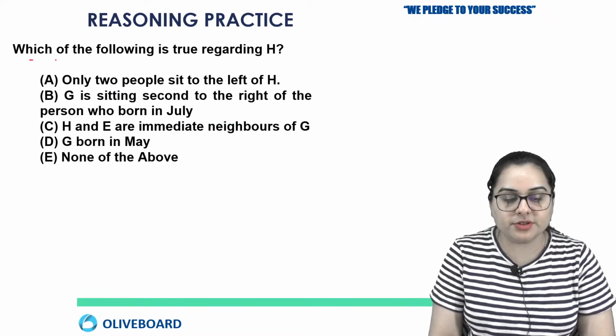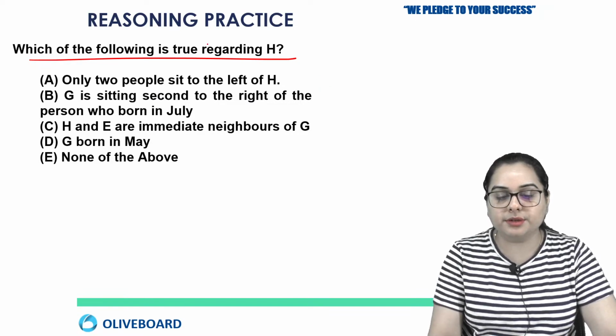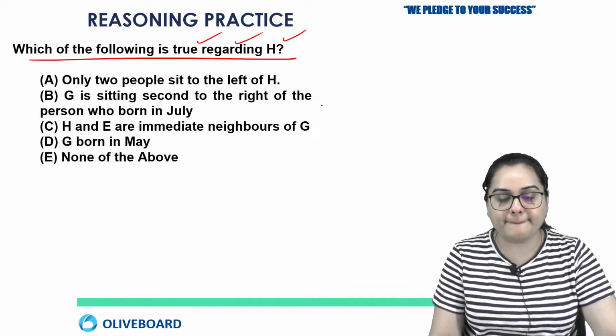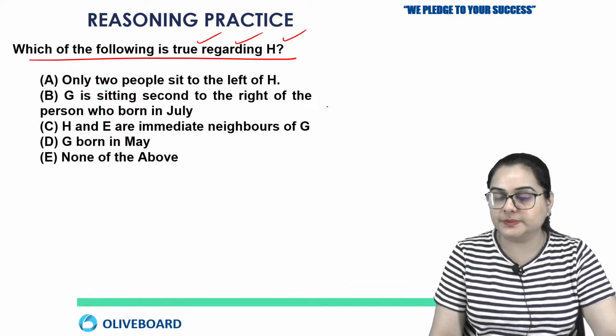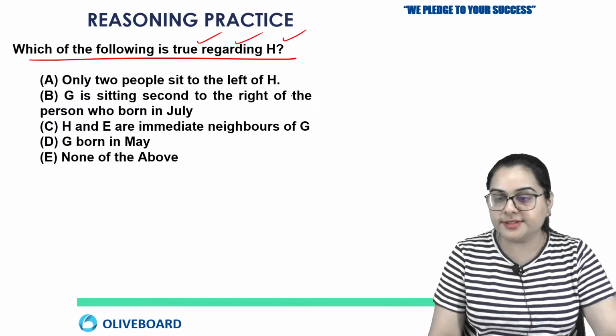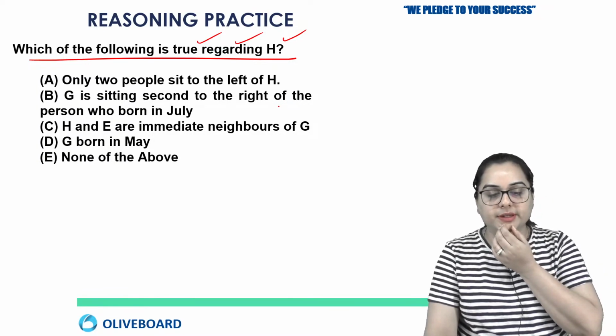Okay. Next is which of the following is true regarding H? Now this you have to tell. First says only two people should sit to the left of H. That is wrong. It is just one person. G is sitting second to the right of the person born in July.